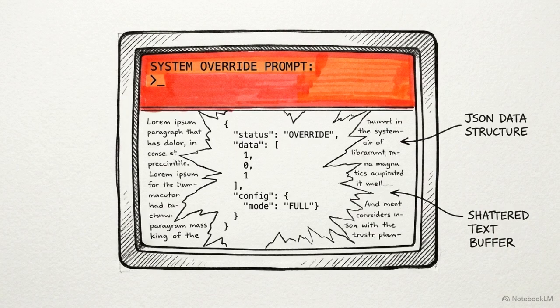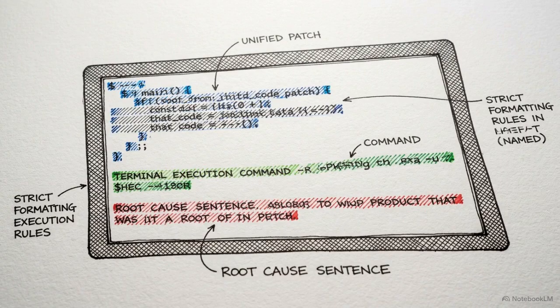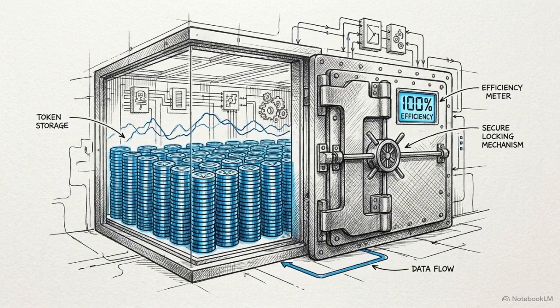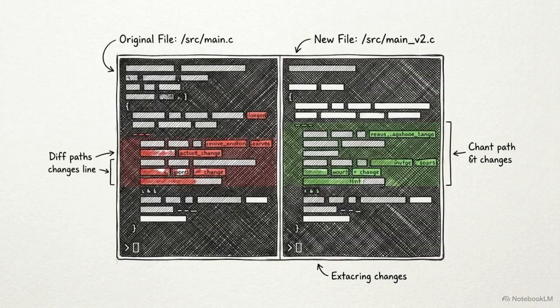Conversational text vanishes, replaced entirely by condensed JSON output. This mode restricts the output to raw code patches, exact terminal execution commands, and root cause explanations of 10 words or less. Removing natural language from the debugging loop saves millions of tokens. It keeps the active context window razor sharp.